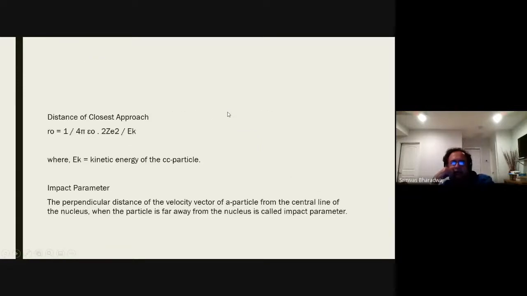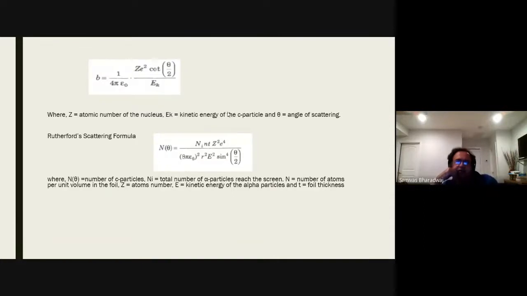That is what led to the electron being deflected. And Rutherford then brought in the scattering formula: the number of particles that get scattered versus the total number of particles.